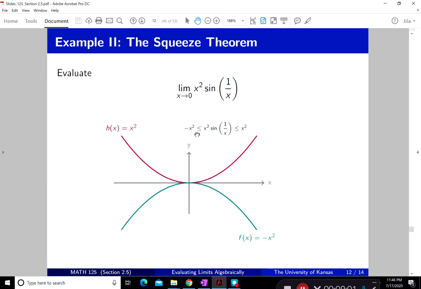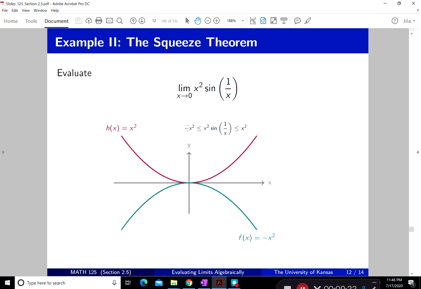So if I multiply this double inequality by x squared, and x squared is a positive value, so it doesn't change the direction of the inequality, it says that x squared sine of 1 over x is between negative x squared and x squared. And so it's exactly the squeeze theorem, because this function falls between these two.